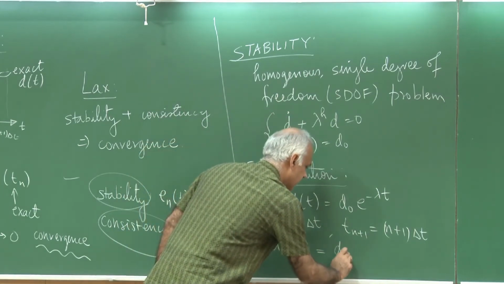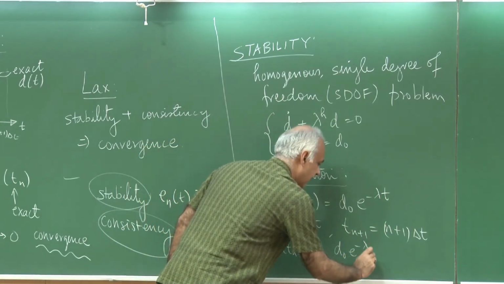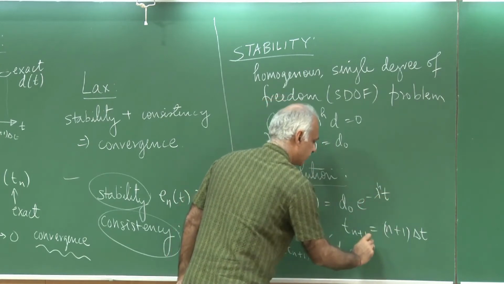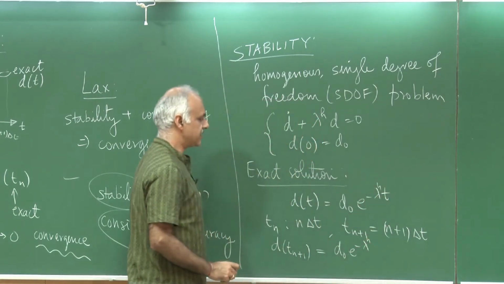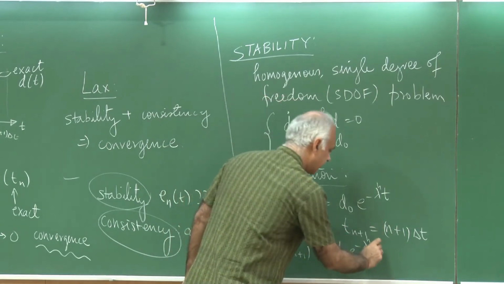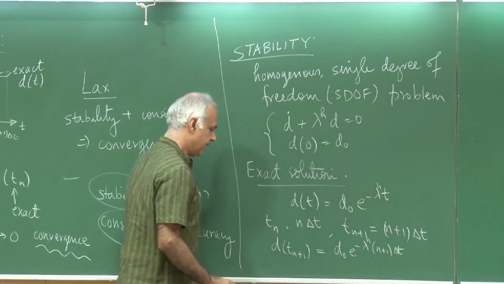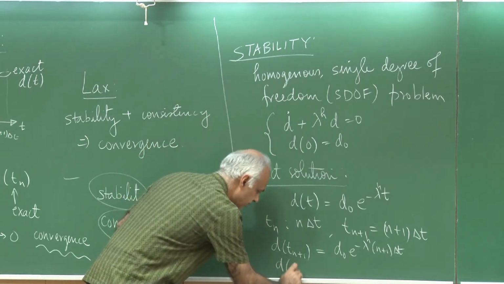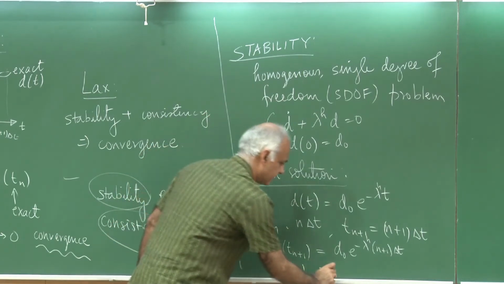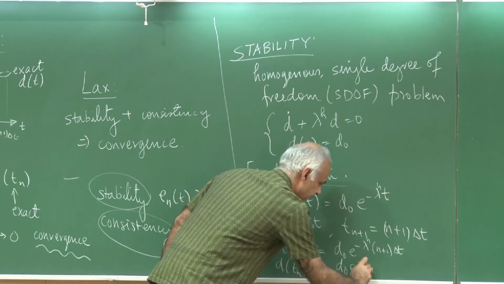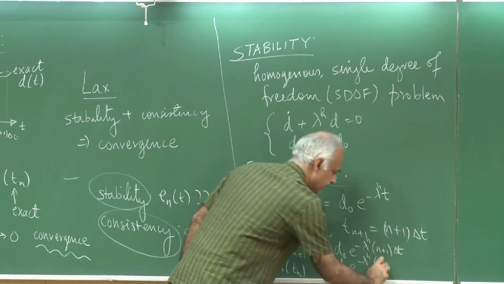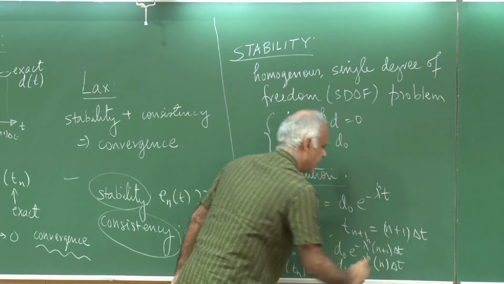So, this is d0 e raised to the minus lambda. Actually I should put the superscript h, and for t I am going to put n plus 1 delta t, and similarly the solution at time level n is going to be given as d0 e raised to minus lambda h n delta t.